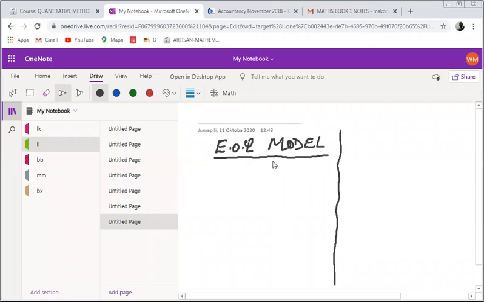In our previous class, I discussed the importance of having inventory in any business organization. But we also said that ordering cost and holding cost pull in different directions.